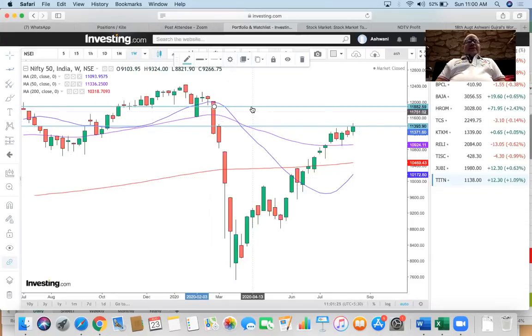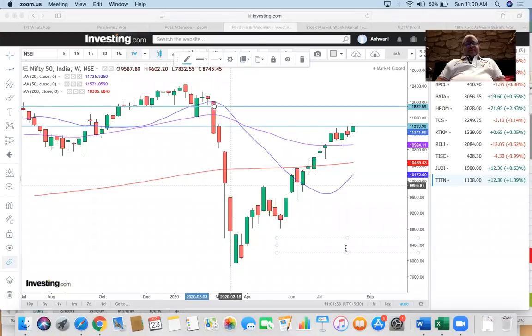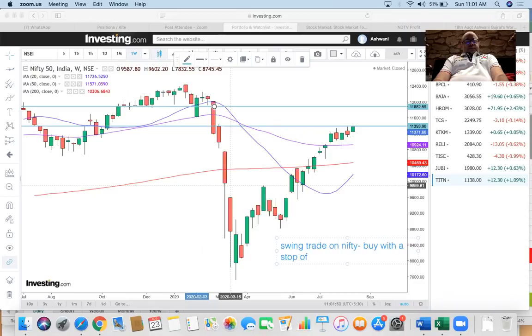So basically what we are looking at is, let me write here, swing trade on Nifty is buy with a stop of 11,250 to 70, target of 11,850.